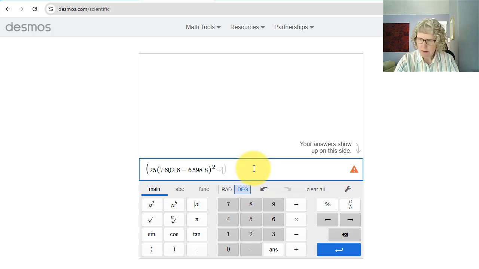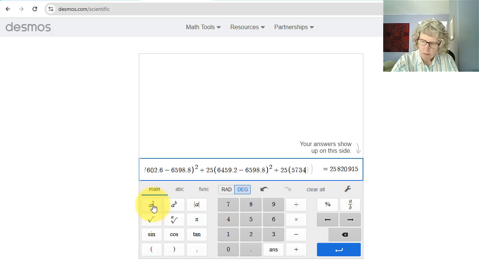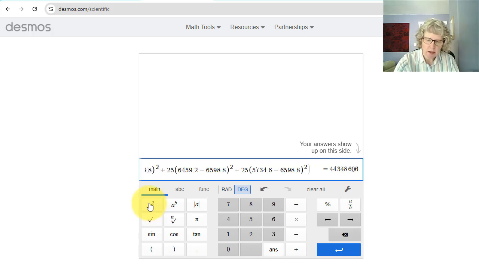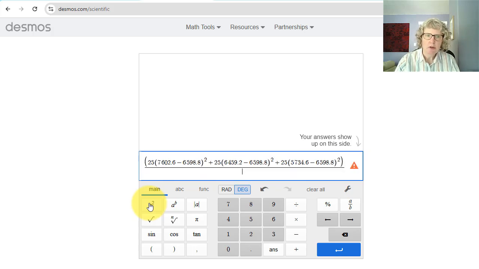inside the large parentheses, 25 times another difference, 6459.2 minus, and you could copy paste the overall mean if you wanted to, 6598.8, close the inside parenthesis squared, plus 25 times 5734.6 minus 6598.8 parenthesis squared, and then I will close the numerator, put my denominator of 2 or 3 minus 1, whatever you prefer.